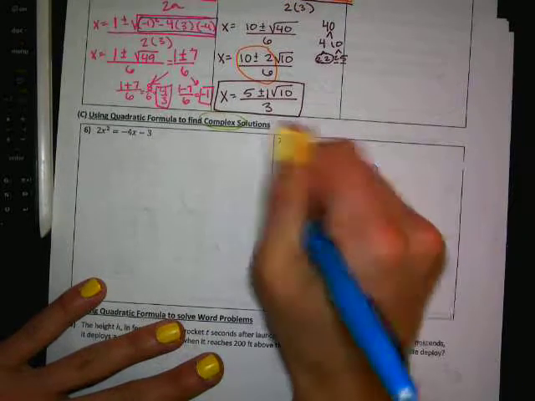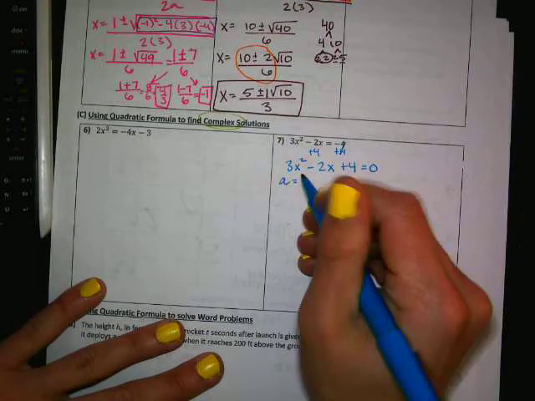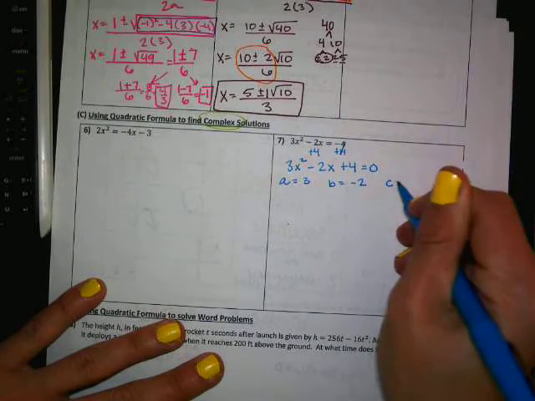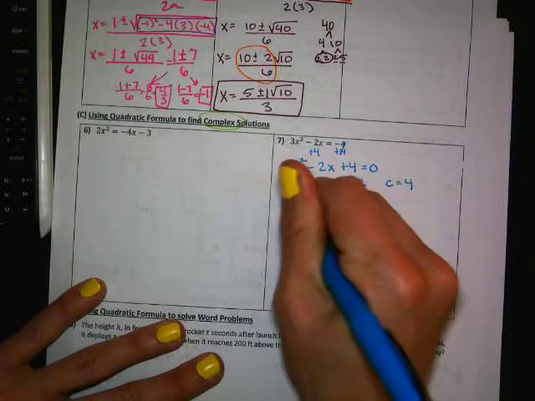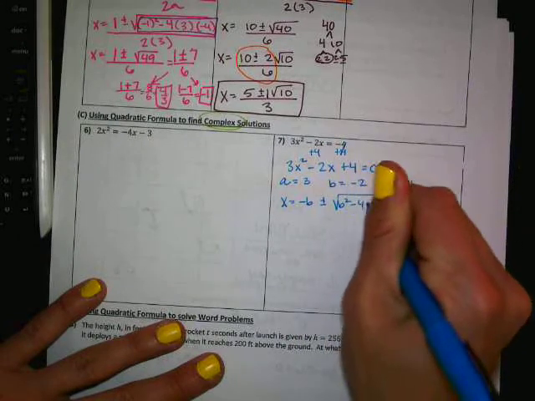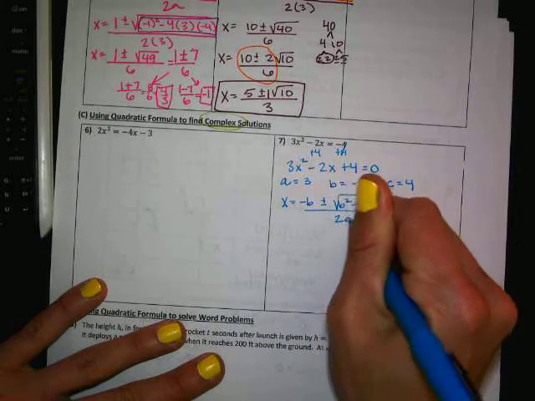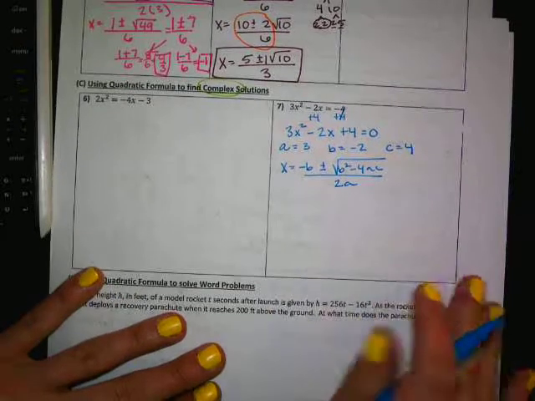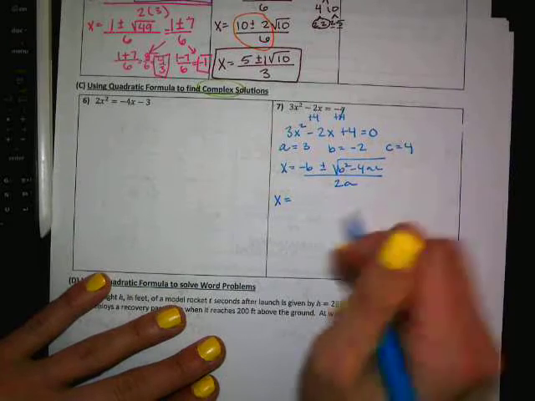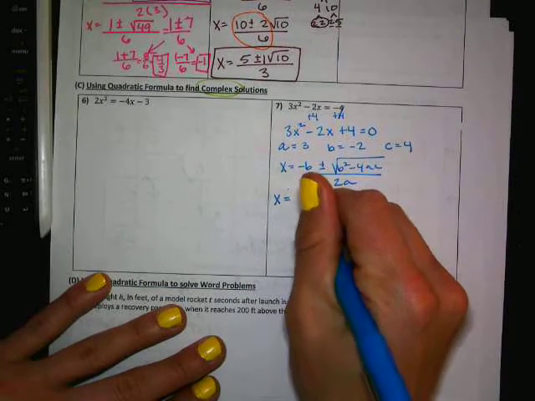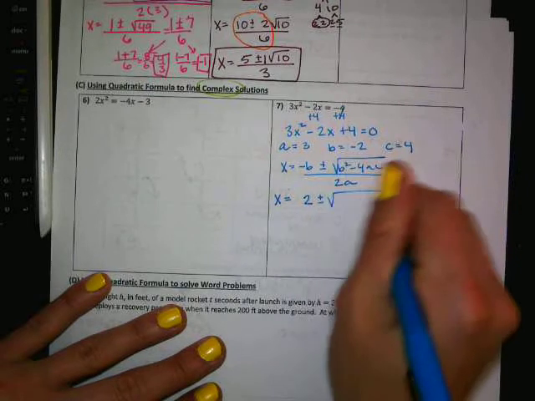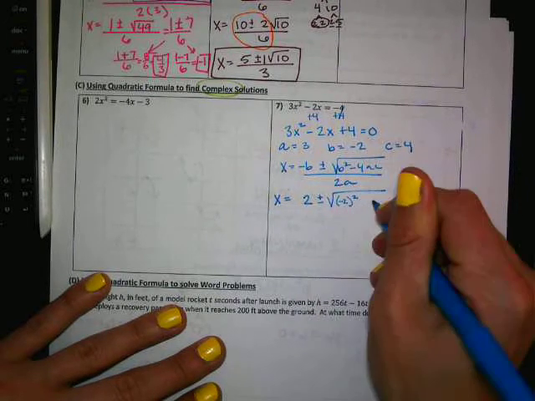All right, what is my a? What is my b? And what is my c? All right, so x equals negative b plus or minus the square root of b squared minus 4ac all over 2a. All right, so x equals negative b is going to be what? A positive 2 because it's already negative, plus minus negative 2 squared.